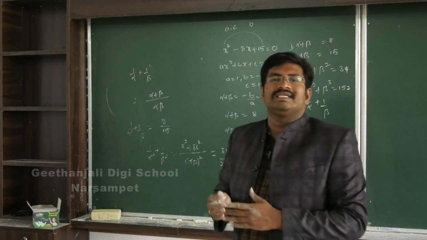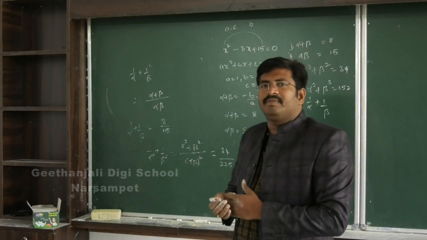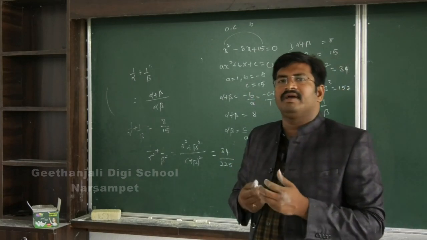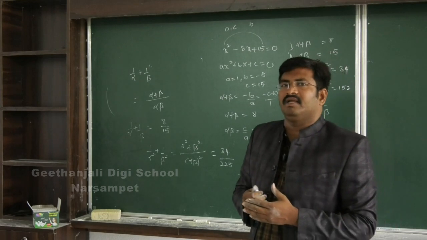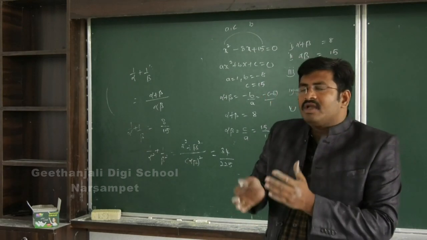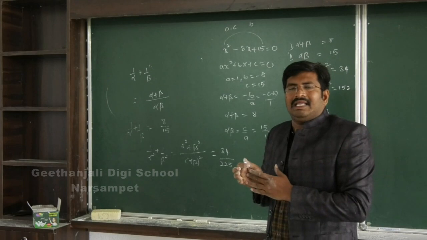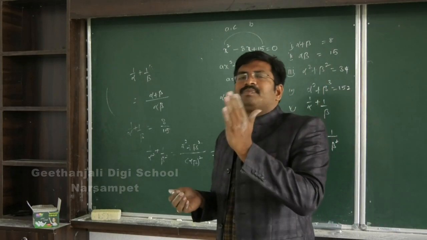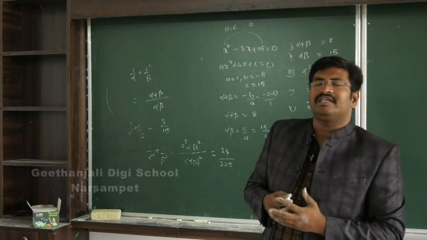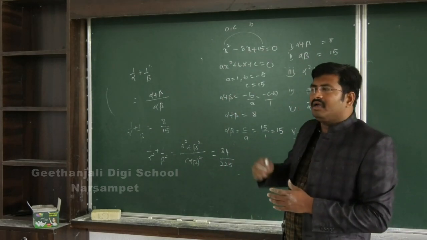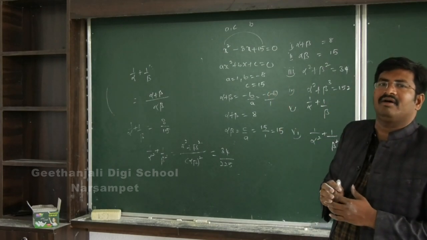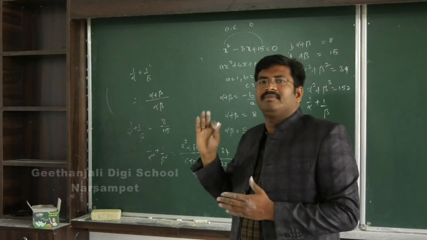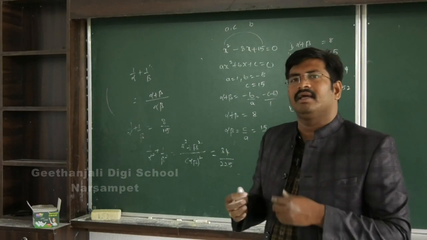By using this we found alpha square plus beta square, alpha cube plus beta cube, alpha cube minus beta cube, and 1 by alpha plus 1 by beta. Whatever symmetric expression is given, you have to express it in terms of alpha plus beta and alpha beta. Since you already know those values, you substitute and get the value of any symmetric expression in the quadratic equation.